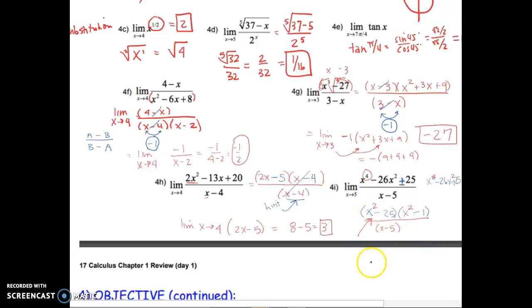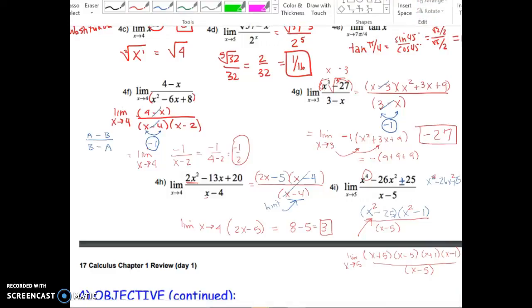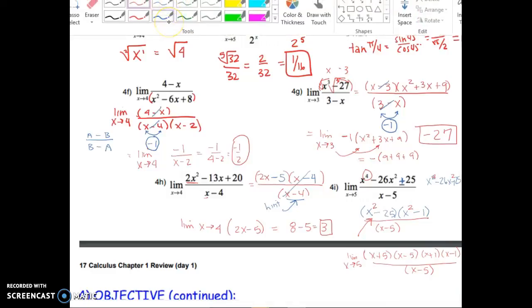We can see here, well, in both cases, actually, we've got difference of 2 squares, but I don't really need to worry about the second one, but I'll go ahead and factor that. x plus 5, x minus 5, x plus 1, x minus 1, all over x minus 5. Great satisfaction. I can do some canceling here.